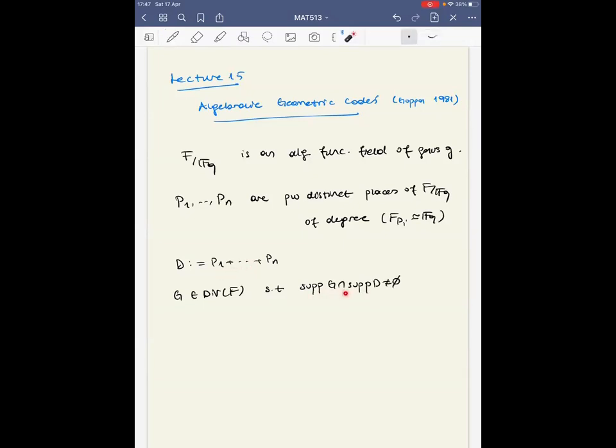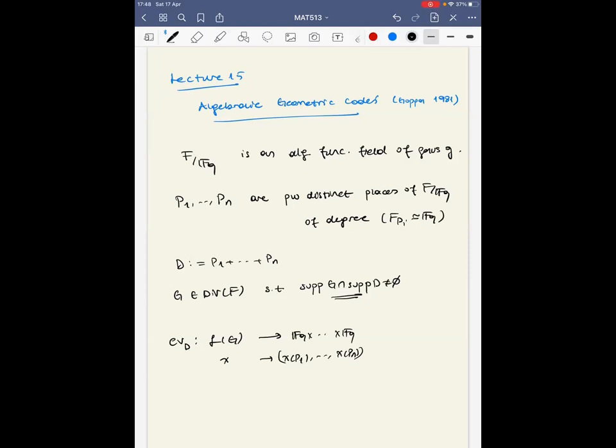So it has a support different from the support of D. And indeed, this condition is necessary because when we define the evaluations of the functions from the Riemann-Roch space of G at the n distinct places P_i, this definition should be meaningful.